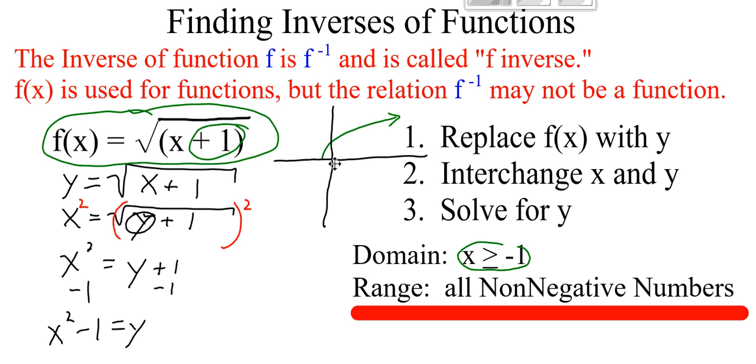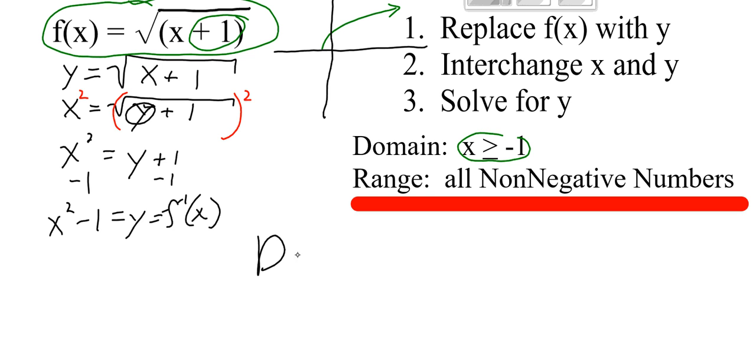But now, when we look at these inverse functions, what was our domain here now becomes the range of our inverse. So this is our inverse function. So the domain is this part, all non-negative numbers.